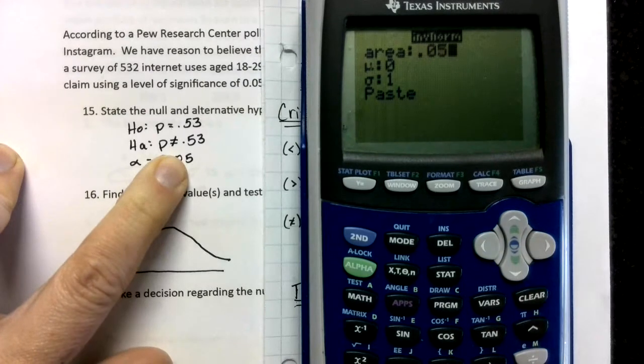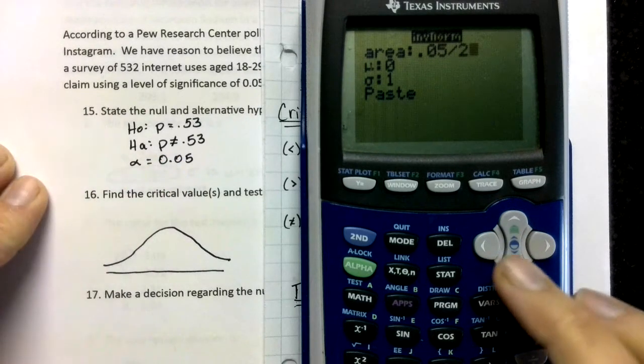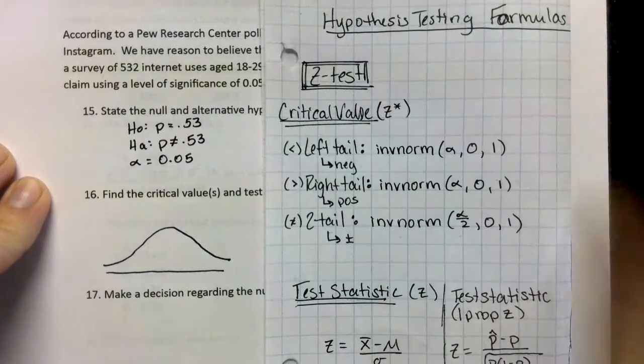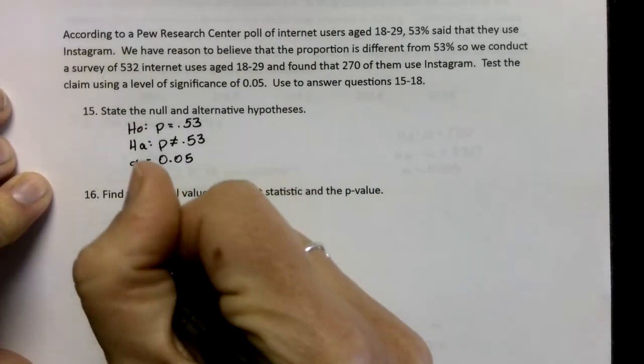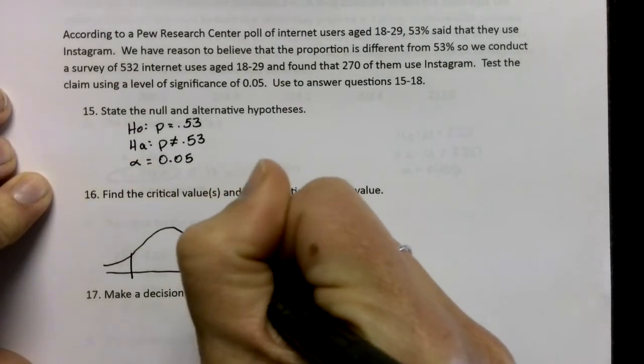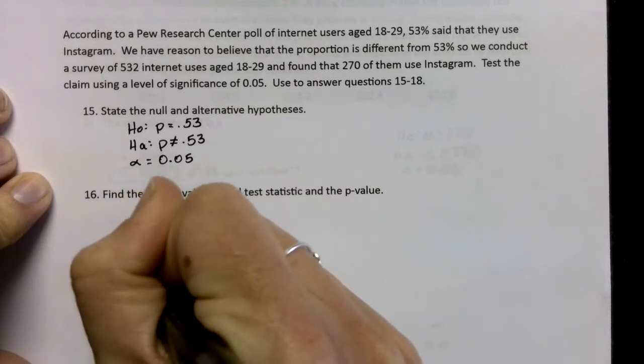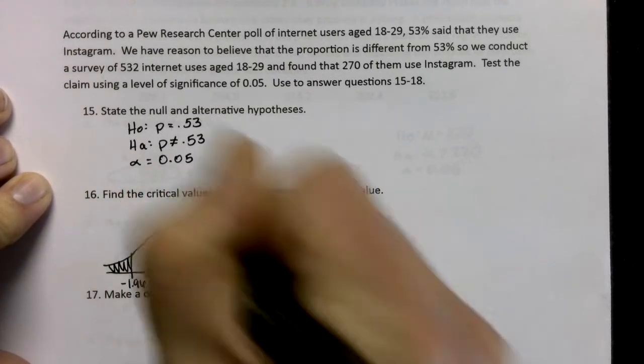It's a two-tail test, so I have to do alpha divided by 2. So my critical values are plus and minus 1.96. So negative 1.96, positive 1.96.